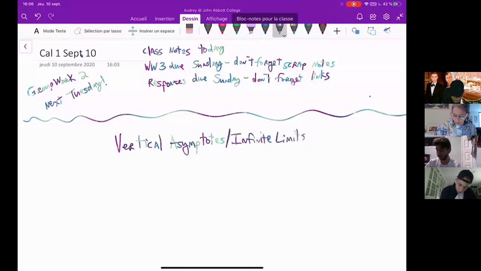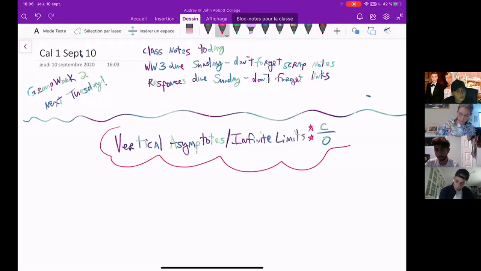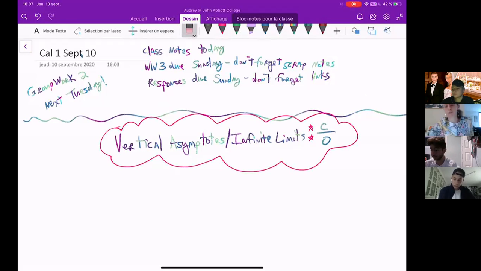And this is the case of a constant over zero. Last class, we wrote down some steps for dealing with this, so we're not going to rewrite them. We're just going to go straight into doing a few examples.